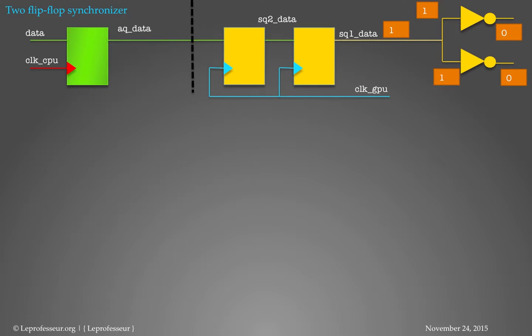If the data is changing too fast, we might have to consider adding one more flip-flop. That depends on different factors. Typically we call it MTBF, mean time before failure. These calculations need to be done for any signal which is crossing the clock domain boundary, the CDC boundary.